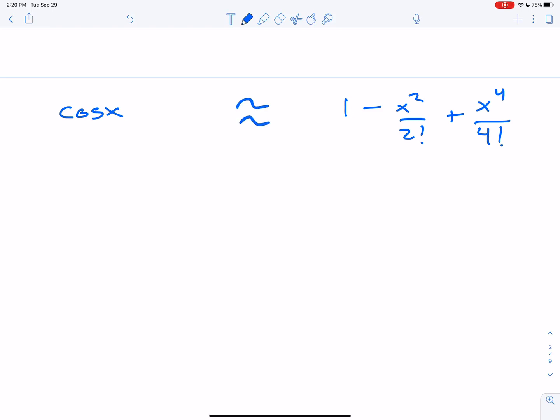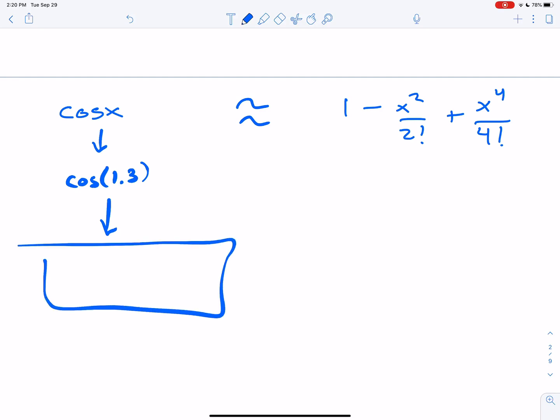What if I wanted to figure out the cosine of 1.3? Go ahead and type that into your calculator right now. Make sure you're in radian mode. You should have an answer. Now what I want you to do is, using our polynomial lookalike, what would happen if I were to plug in 1.3 into our x here?